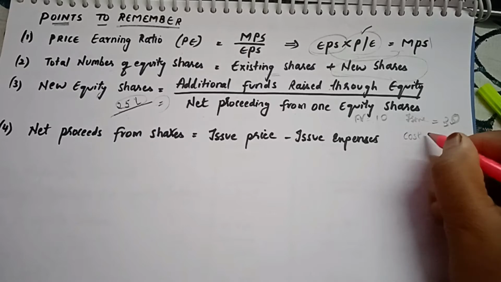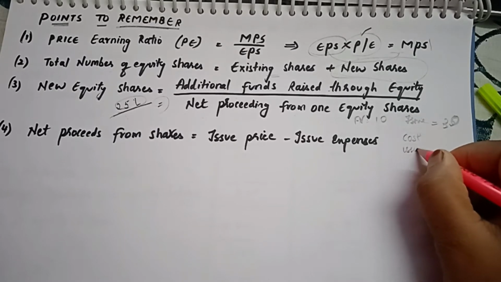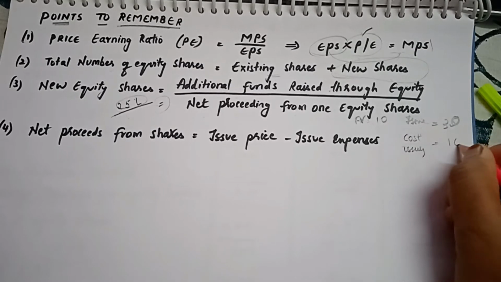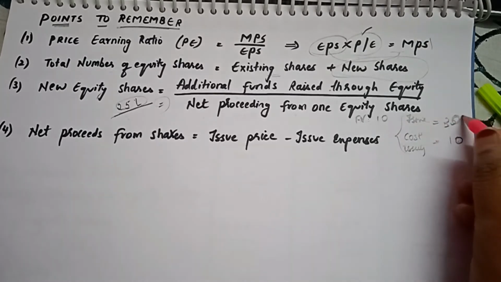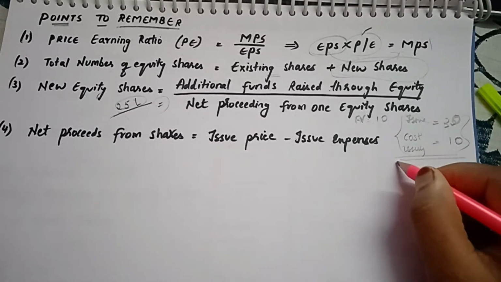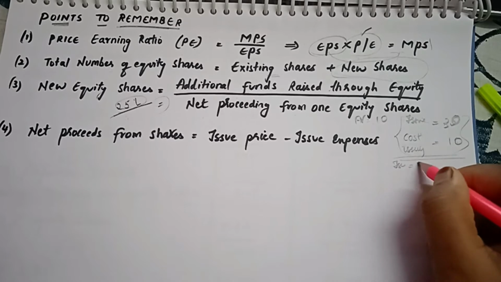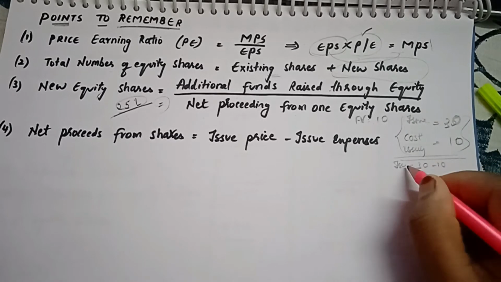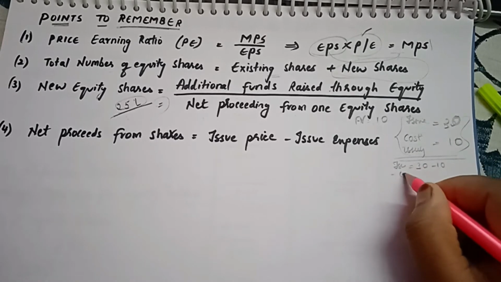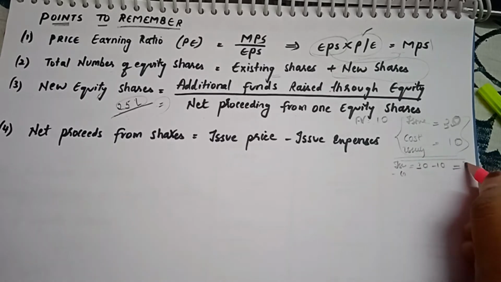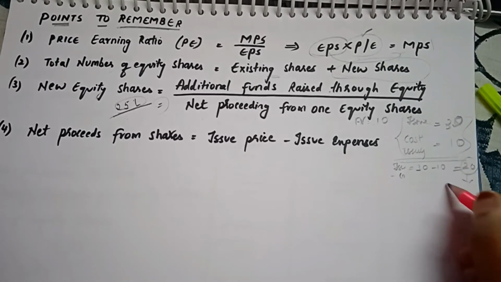Let's suppose the cost of issuing will be 10 rupees, imagine. So what is the net proceeds? Here the issue price is 30 and this cost is 10. You will be getting 20 rupees as your net proceeds.